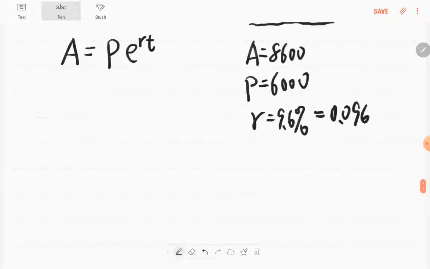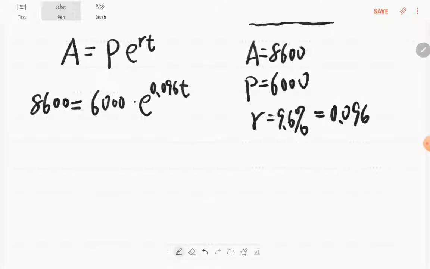So this is 8,600 equals 6,000 times e to the 0.096t. Okay, so now let's divide by 6,000 on both sides.